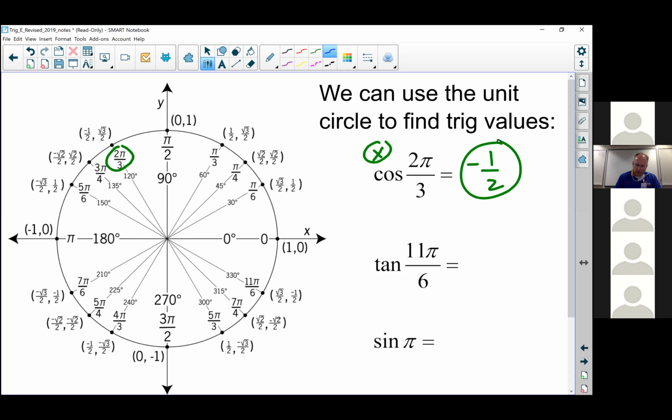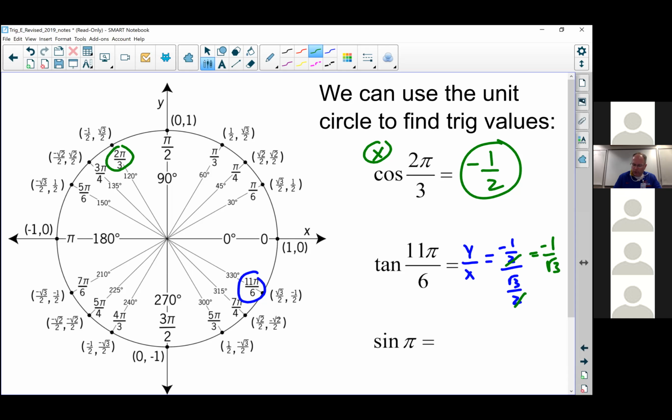Then if I look for 11 pi over 6, it's right here. I want the tangent of it. Remember, tangent is y over x. So I get -1/2 over √3/2. If I take care of the reciprocal, those cancel, so I get -1 over √3. I would totally accept that answer.